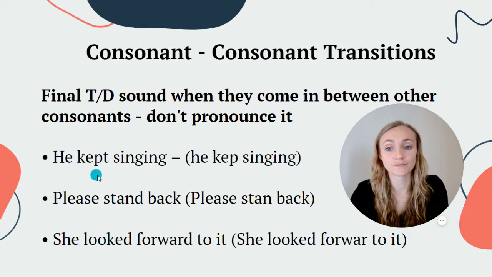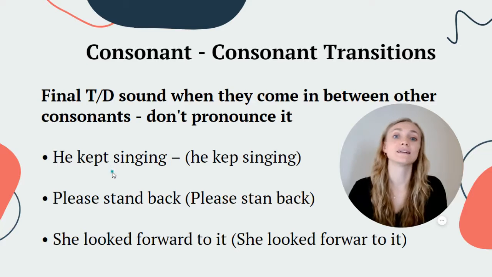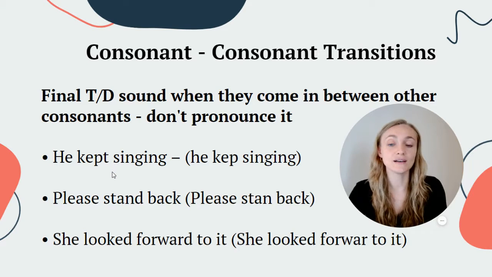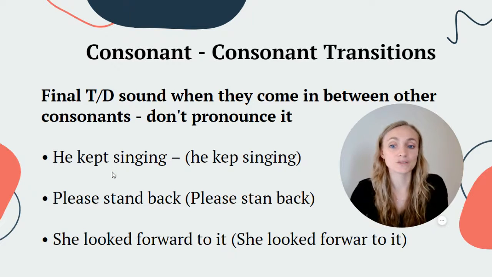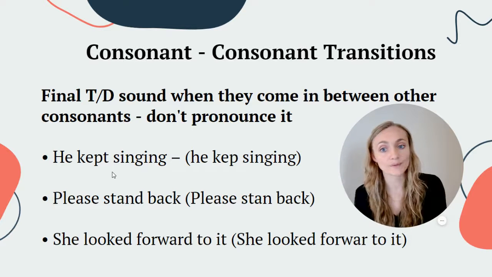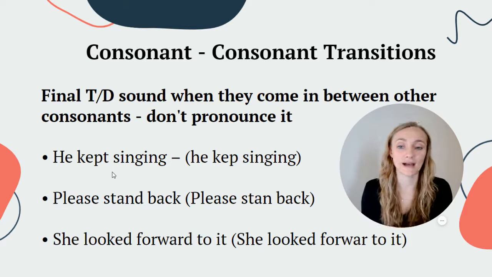The P comes before and the S comes after. And we know that because of connected speech, we don't say kept singing and have separation, but they all flow together. So we have a consonant sound before and a consonant sound after.